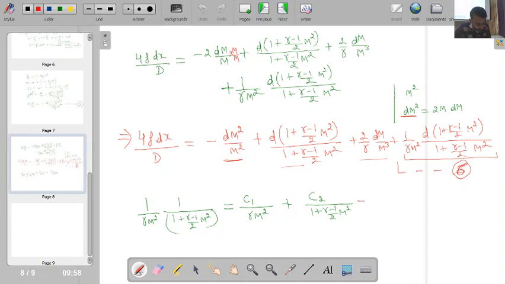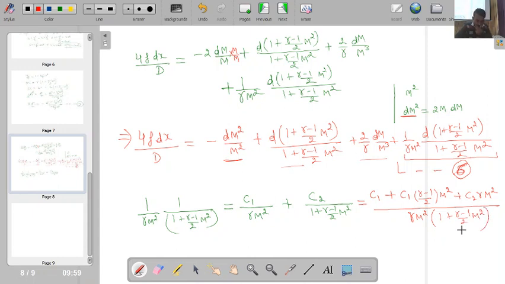Here only, let me write, I will get C1 times 1, this 1 will get multiplied, plus C1 times (gamma minus 1)/2 M square plus C2 times gamma M square, divided by gamma M square and then 1 + (gamma minus 1)/2 M square.